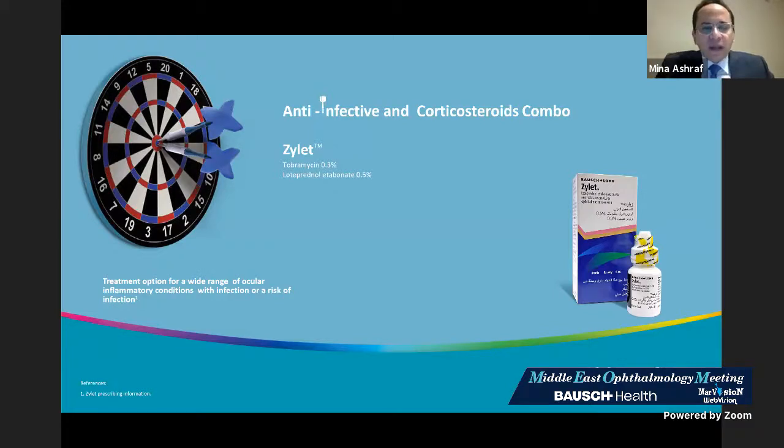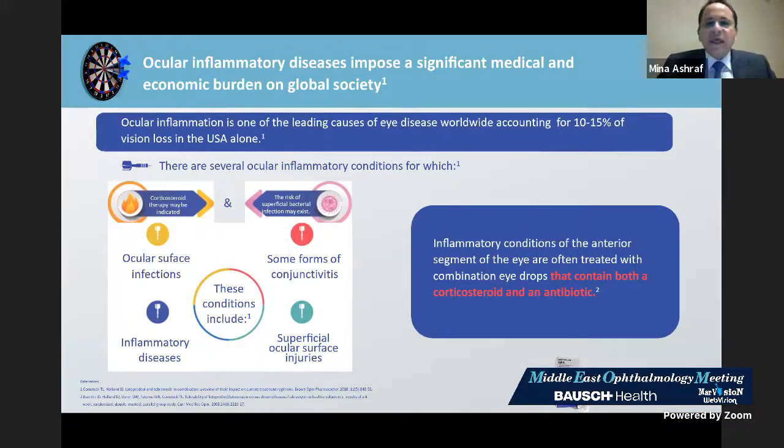Talking about Xylit, it's worth mentioning that ocular inflammatory diseases impose a significant medical and economic burden on global society. Ocular inflammation is one of the leading causes of eye disease worldwide, accounting for 10 to 15% of vision loss in the United States of America alone. There are several ocular inflammatory conditions for which corticosteroid therapy may be indicated, and in addition there is a risk of superficial bacterial infection.